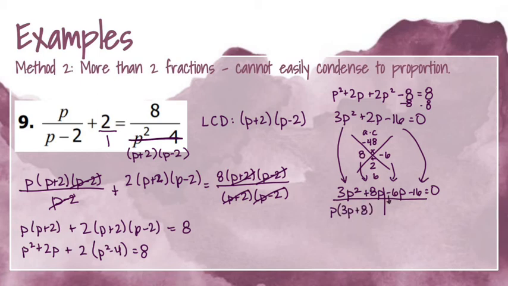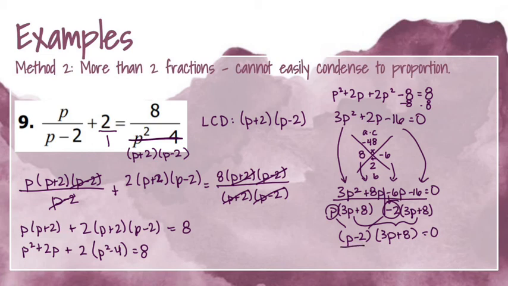And we always keep this sign, minus 2 times (3p plus 8). And then these are the same, so that's one factor. And then this guy and this guy make up the other one, so p minus 2. All right, so that's all equal to 0.